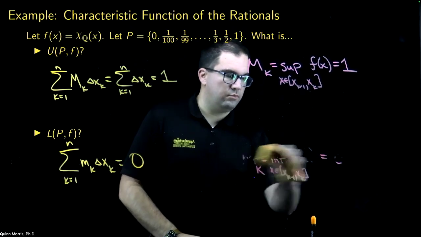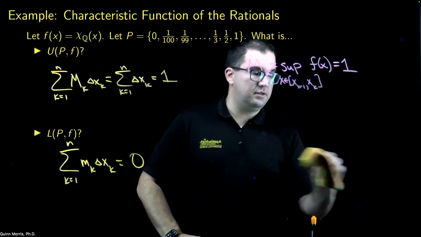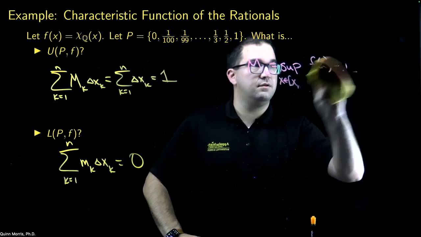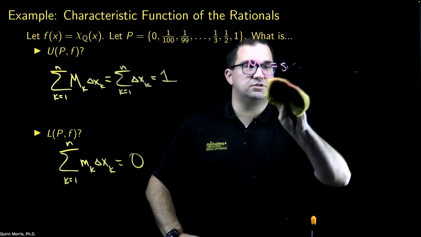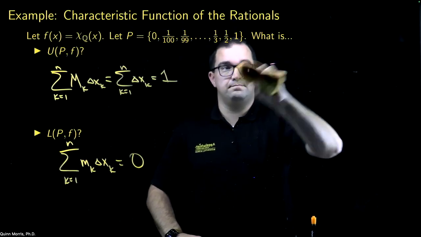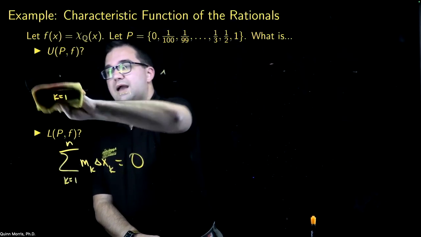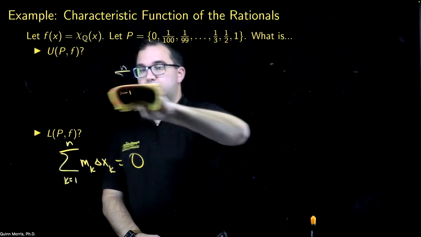So where we're going to go from here is we are going to next work to define a couple of different things. We will define what it means for a function to be Riemann integrable. We will define things called upper and lower Riemann integrals.